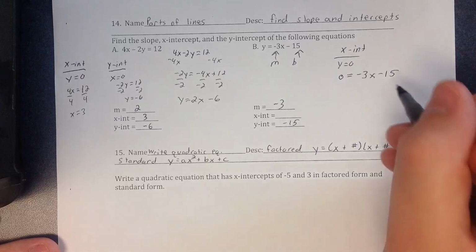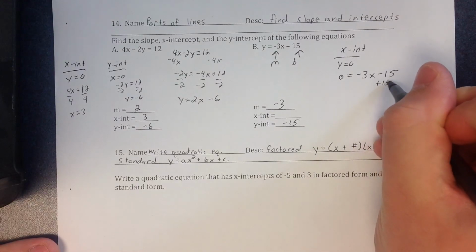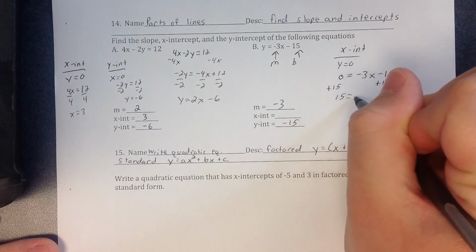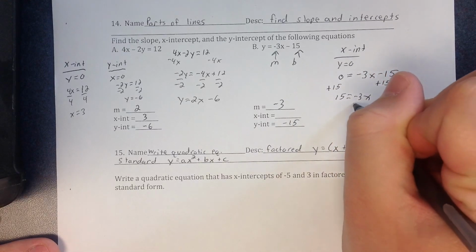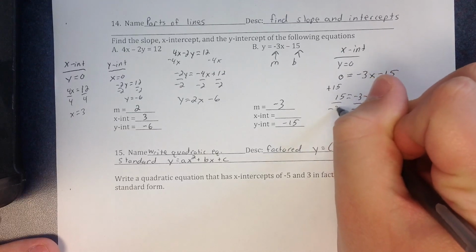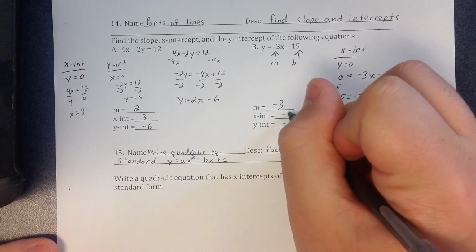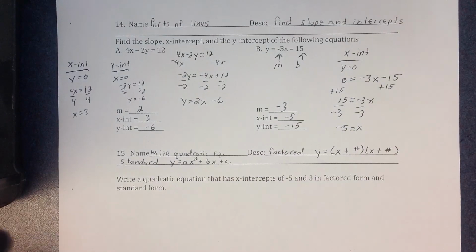And that's just a basic two-step equation. I add 15 to both sides. Get 15 equals negative 3x. Divide both sides by negative 3. I get negative 5 equals x. So the x-intercept's negative 5.